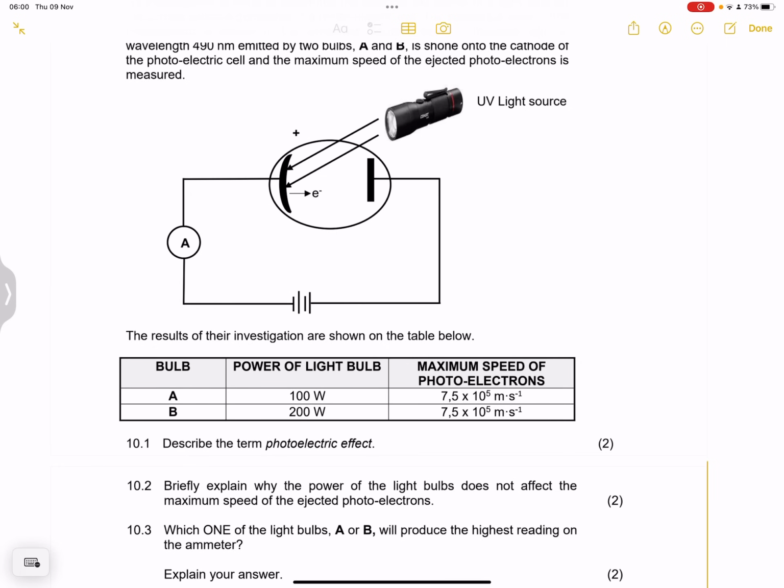They say briefly explain why the power of the light bulbs does not affect the maximum speed of the ejected photoelectrons. To explain that quickly, when we increase power, it only affects the number of electrons emitted per second.